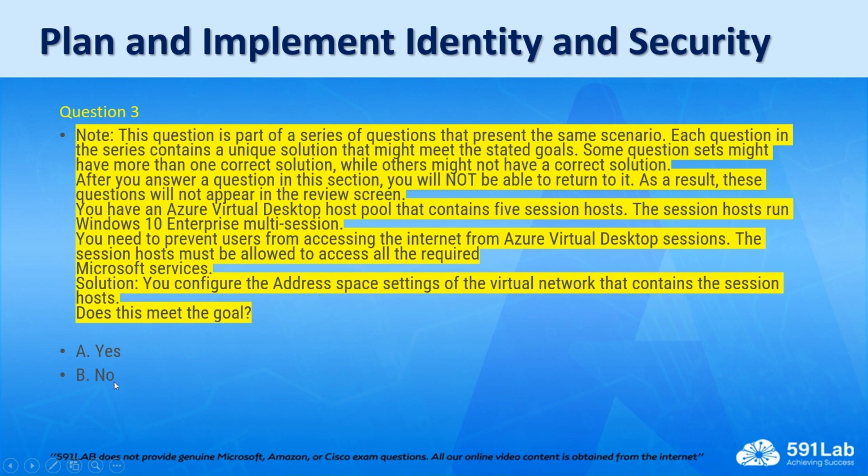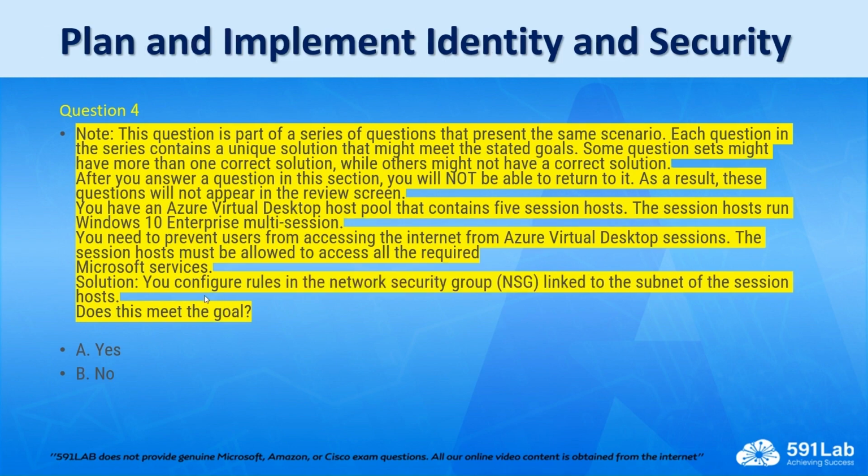It's a no. Configuring the address space won't make this virtual machine unable to access the internet, because this is a security matter, and security is addressed by NSG within Azure. So let's get to the fourth question. That's when you know the importance of the NSG in regards to this particular question.